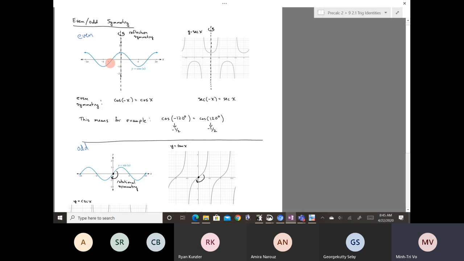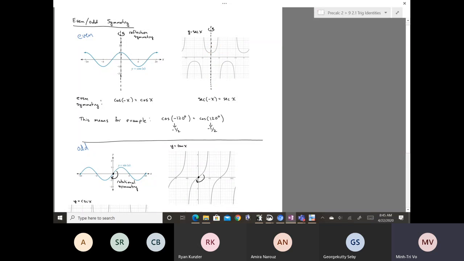If I take this half of the function and flip it around, it's exactly the same as the right half. This is what we call reflection symmetry along the y-axis. And if a function has this kind of symmetry, it's called even. You can see that secant also has the same thing. If you cut the graph in half right at the y-axis, the left half and the right half are mirror images of each other.